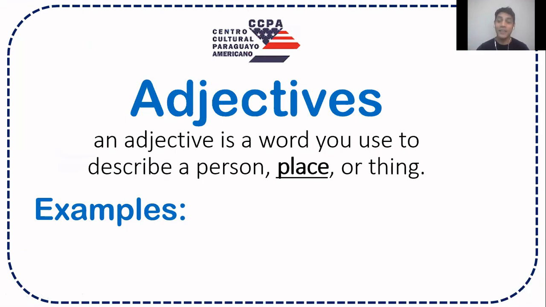So now, an adjective is a word that you use to describe a person. Beautiful girl, for example. She is a beautiful girl, right? So we are using an adjective. We can use adjectives with places. The house is messy.